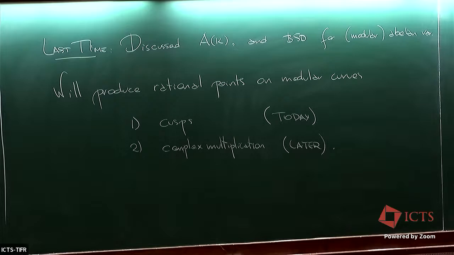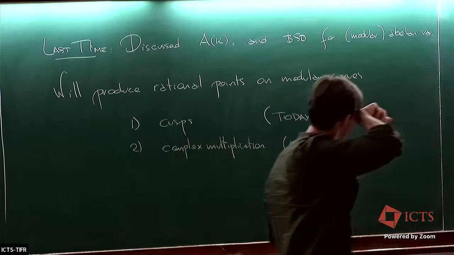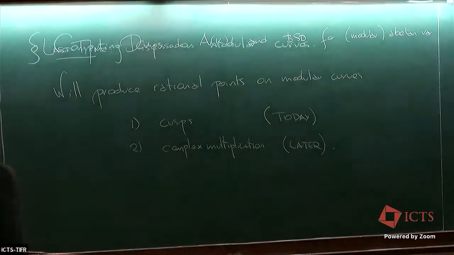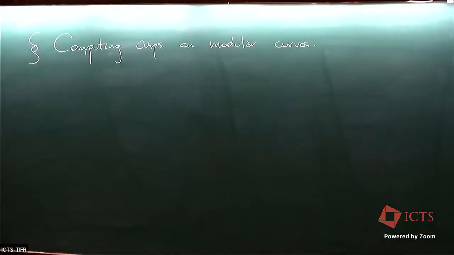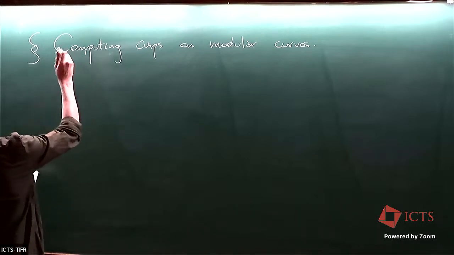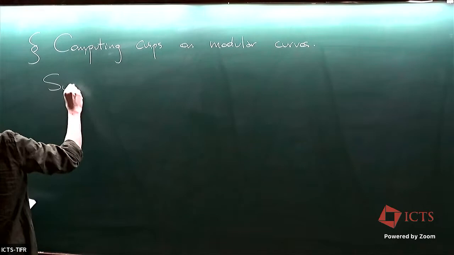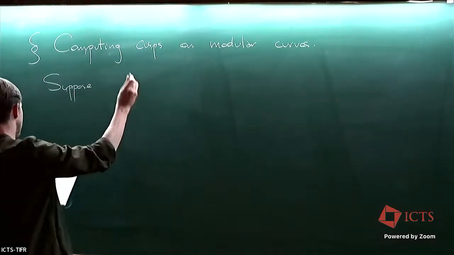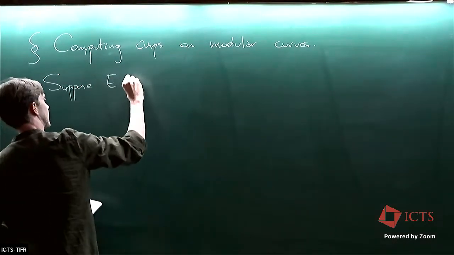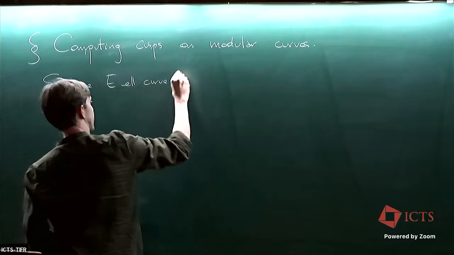Now, as we saw already today in Professor Gatti's lectures, modular curves are moduli spaces, so they parameterize elliptic curves with some additional structure. And so let's try and write some of them down explicitly. Let's begin very generally with an elliptic curve E defined over some field.